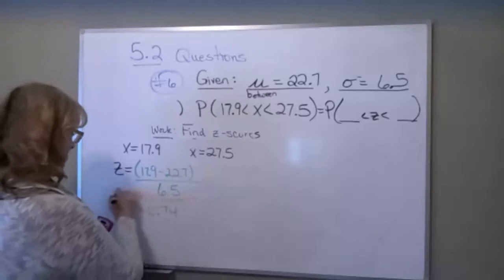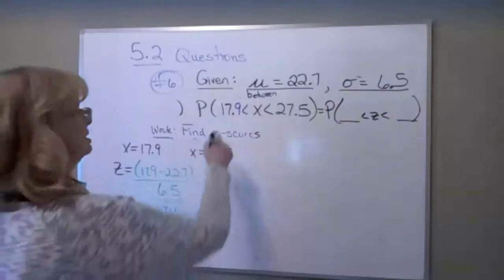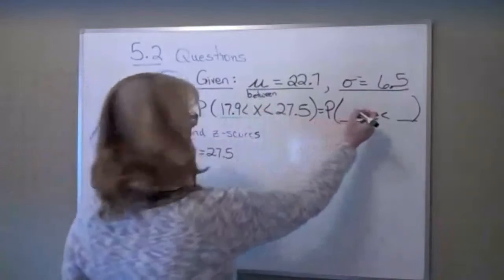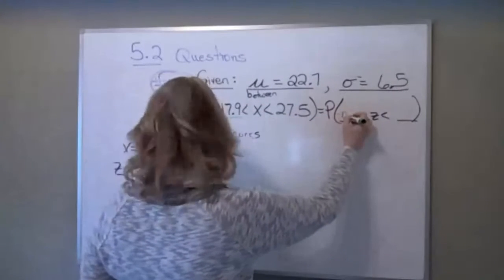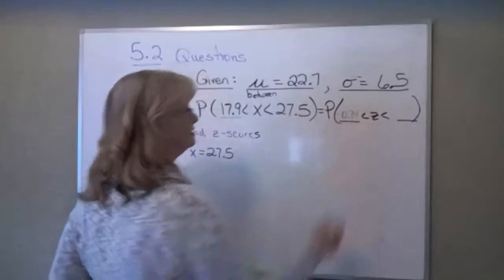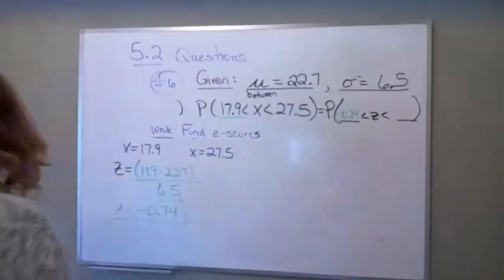Is it negative 0.74? Yes. Okay. So there's the z-score for that one. So for this one, I'm going to put in here negative 0.74. That's the number that's going to go there.